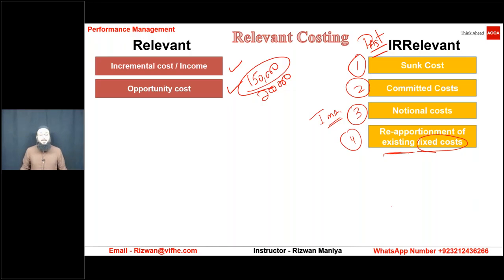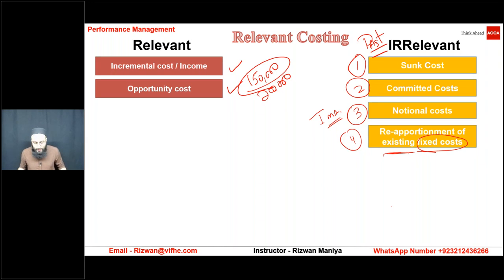So rental cost is not a relevant cost, because whether you do that new work on that existing factory or not, in both cases you will not incur additional rental costs. So any cost that you are reapportioning to that new project that relates to the existing fixed cost will not be a relevant cost.